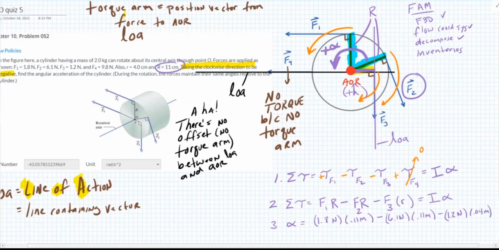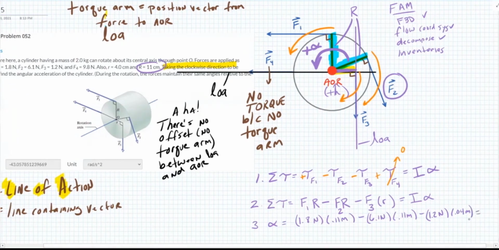All of that equals I alpha. What are we trying to find here? We're trying to find the angular acceleration.